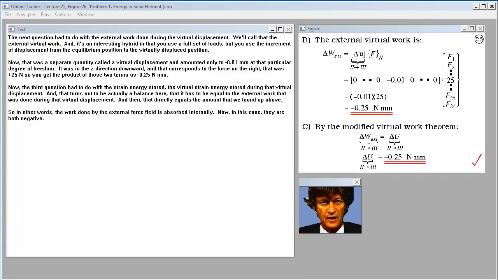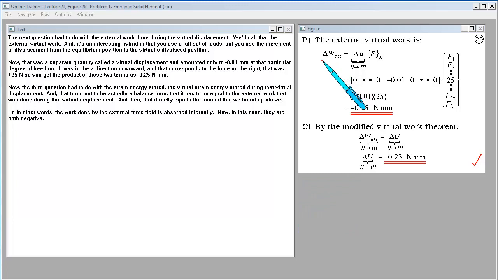The next question had to do with the external work done during the virtual displacement. We'll call that the external virtual work. And it's an interesting hybrid in that you use a full set of loads, but you use the increment of displacement from the equilibrium position to the virtually displaced position.